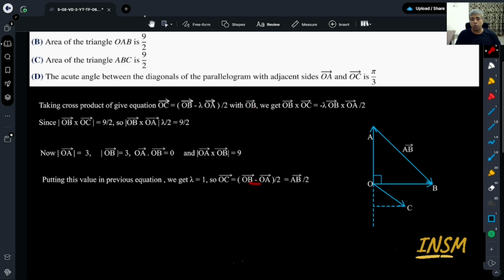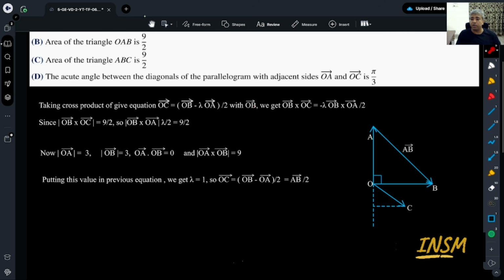And OB minus OA is nothing but vector AB. So OC comes out to be AB by 2. So we try and construct OC roughly. It will be parallel to AB and its magnitude will be half of that of AB.